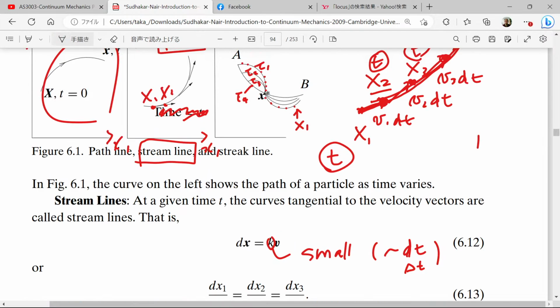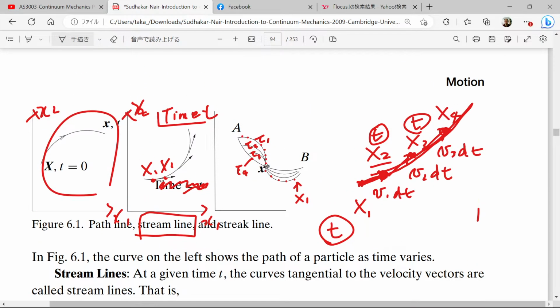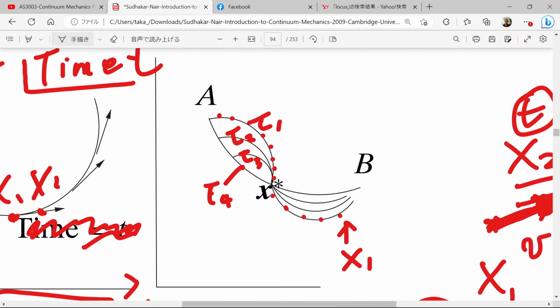These are different particles. You can have four particles: x1, the second one x2, this one x3, and this one x4.